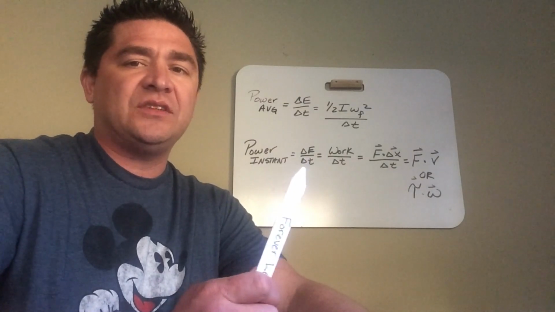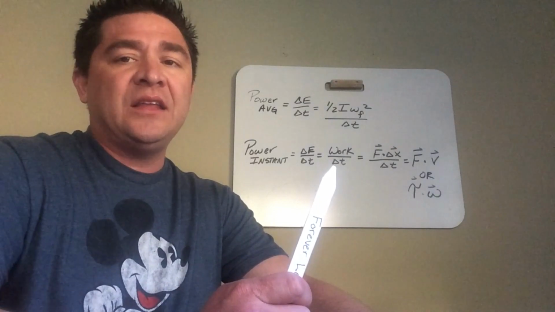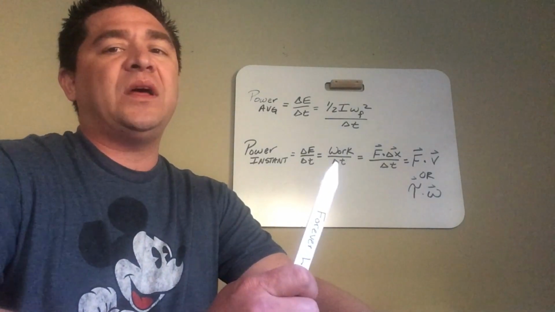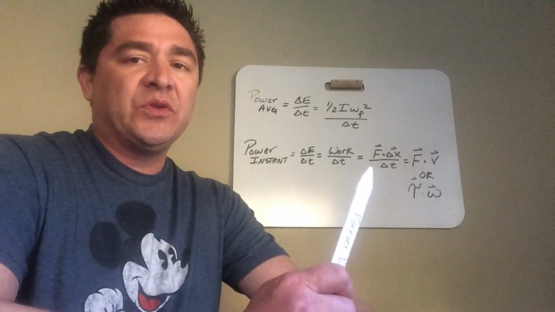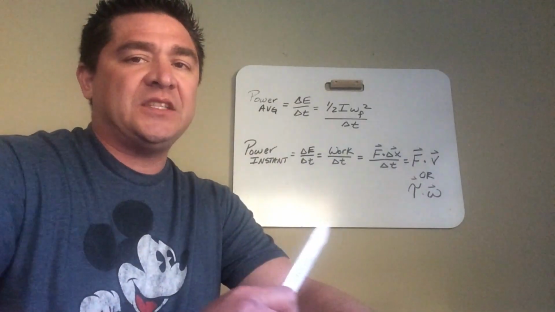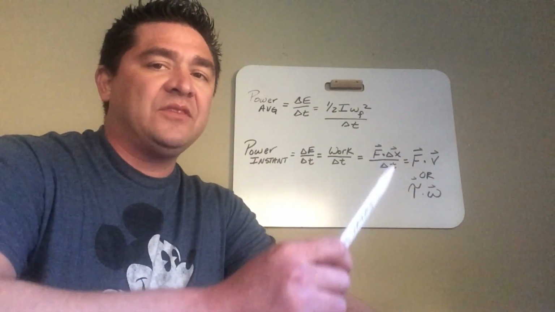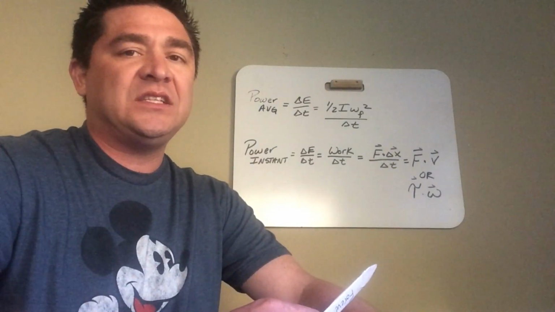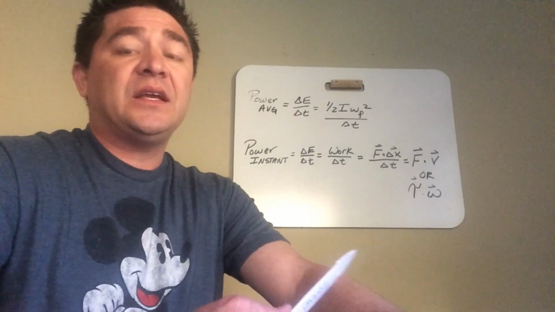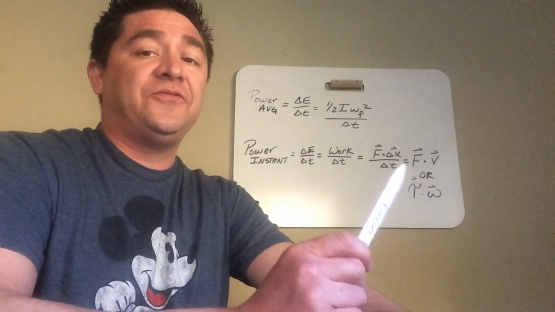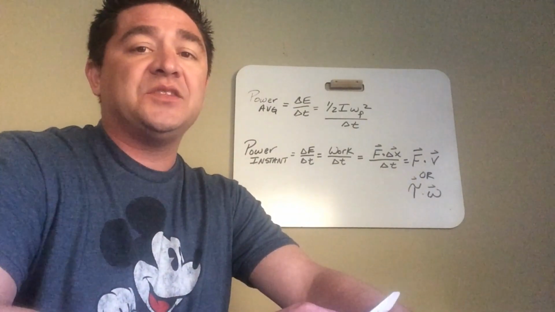Delta E, total change of energy over change of time, but we can look at the work done in that amount of time, and what amount of work is getting done at that instant in time. So work being force times displacement, or dot displacement, divided by time. Noticing we got that lovely relationship, delta x over delta t. That's velocity. So instantaneous power can be found by looking at the force that your thing is putting out times the velocity that it's moving at.